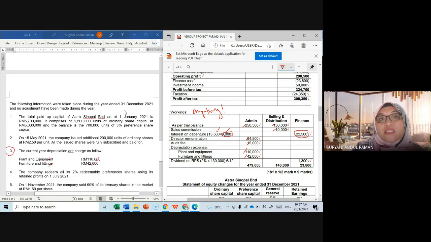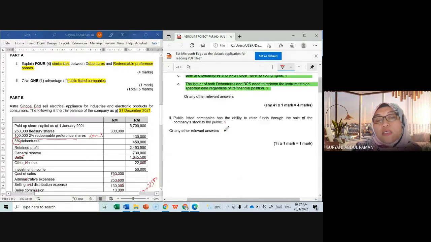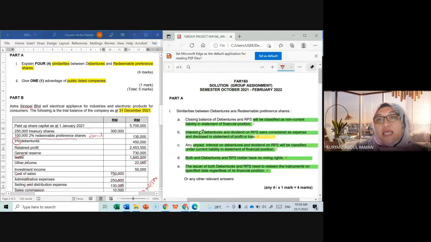Saya dah bagi hint sebenarnya when I give you the theoretical question ni. One of the similarities is that both have return. Macam some of your answer betul. You say both have return. So debenture receive return in terms of interest while RPS receive return in terms of dividend, and both are expense.